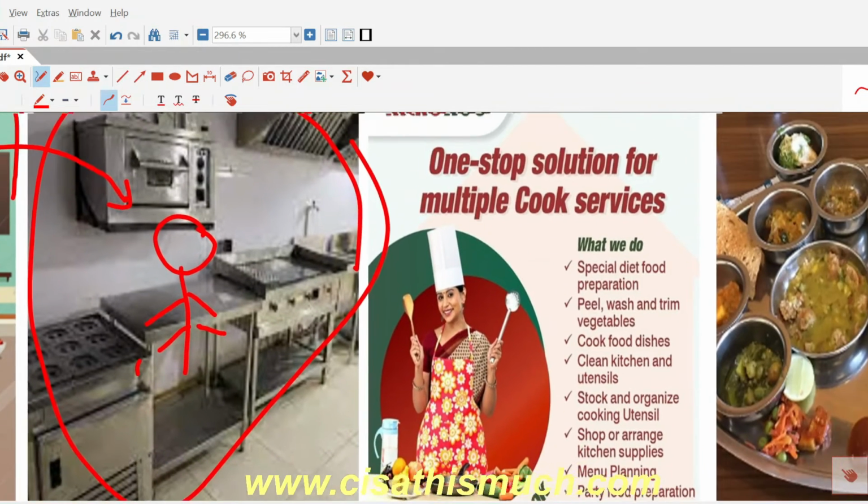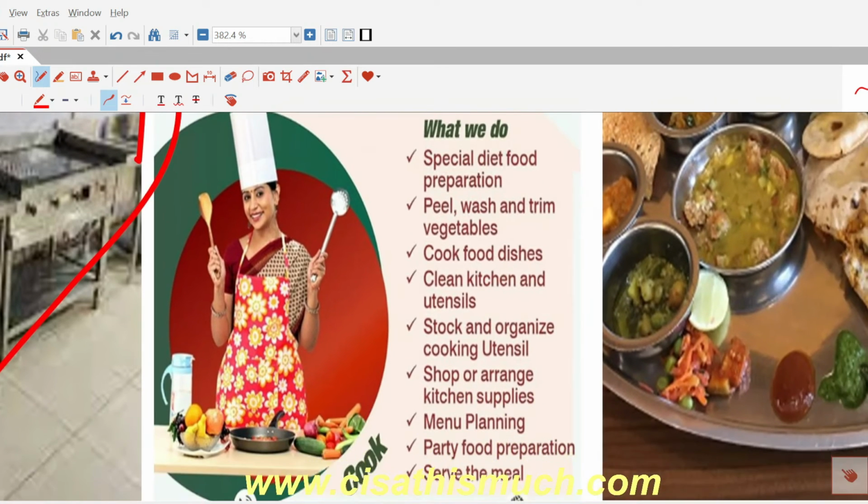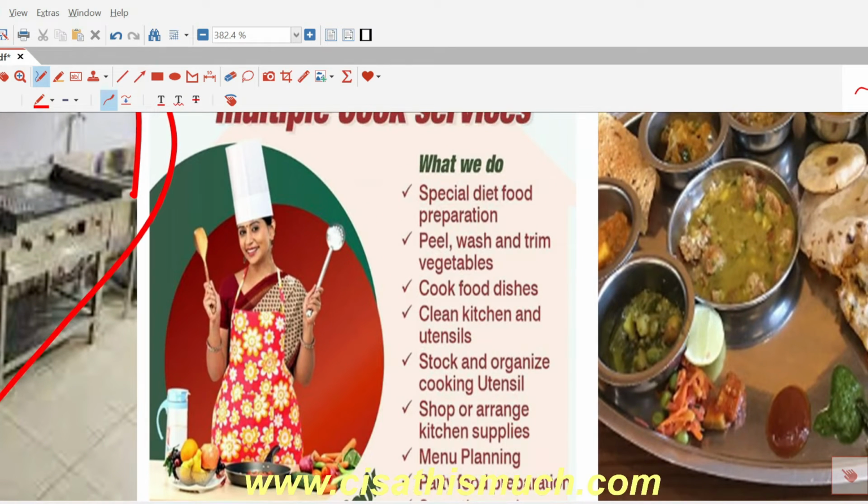Now here the mother feels that she wants to run a business, maybe a small restaurant business, and she is planning that she will not only hire a cloud kitchen facility, but she's also looking for a person who can make the food according to whatever instructions she provides.